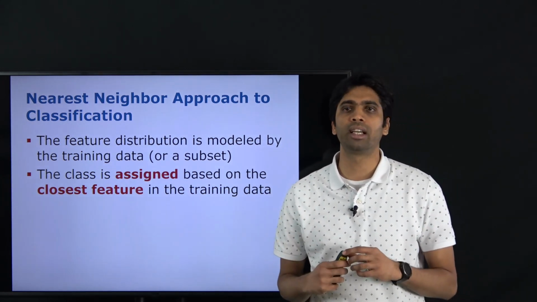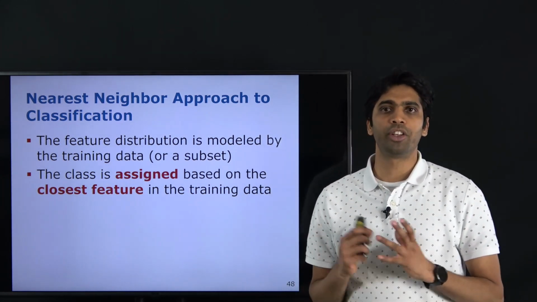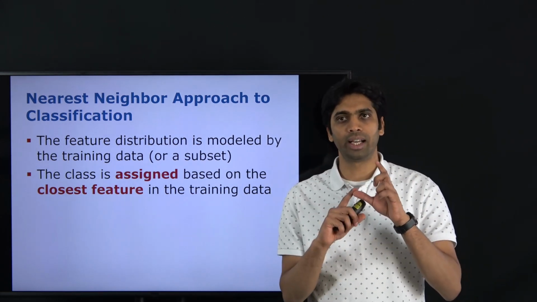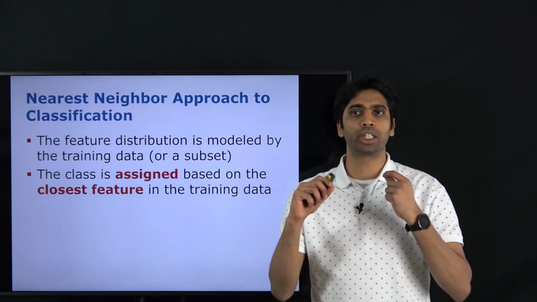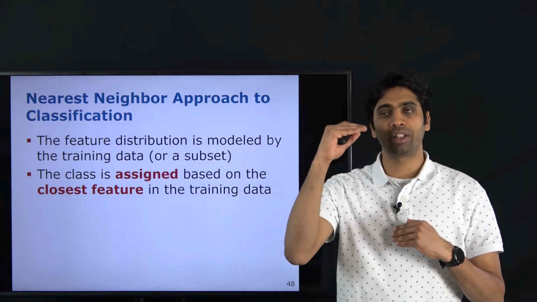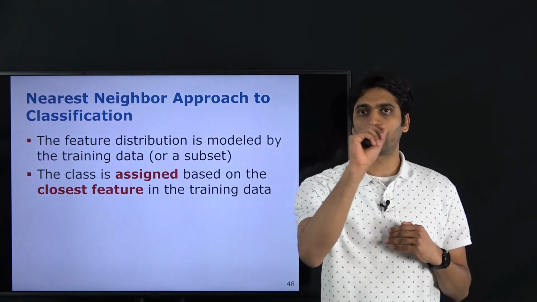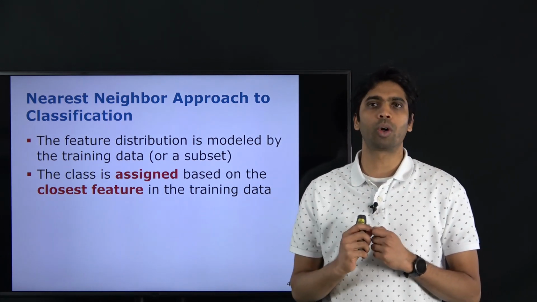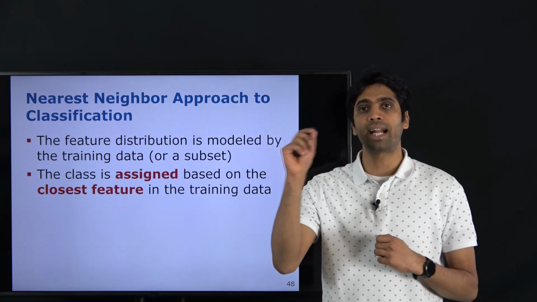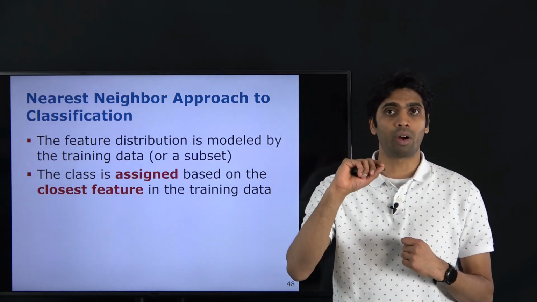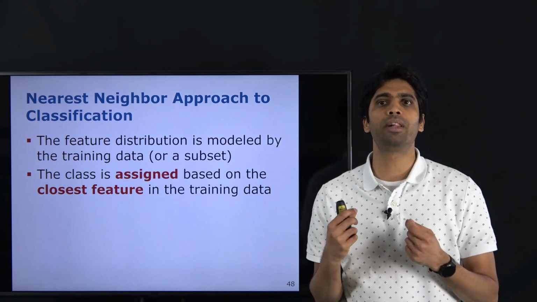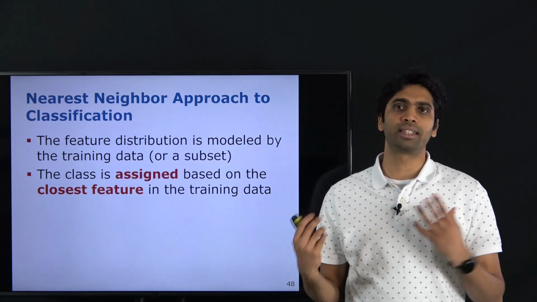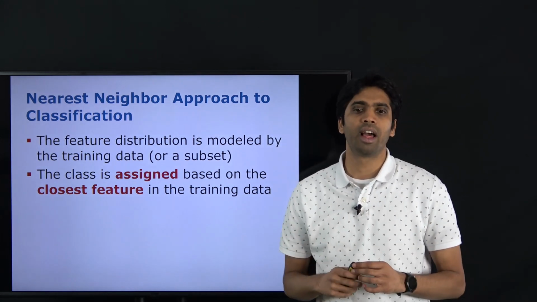So for example, if we take the family car example again, this means that our new feature vector, which would be a combination of the engine power and the price, we would just look up into our training data with our different car examples, find the one which is the closest, so the one which is the closest on, let's say, the power, and also the one which is closest on the price, and then look out if that's a family car or not. If that's a family car or a positive example, then our new E vector corresponds to a positive class, otherwise it's a negative class. So it's a really simple idea that we have here.